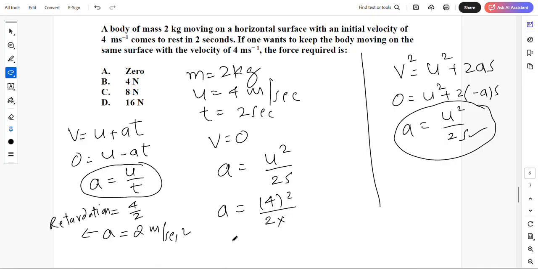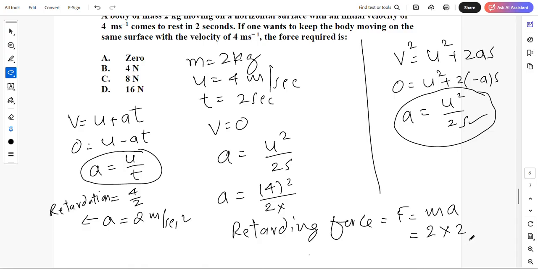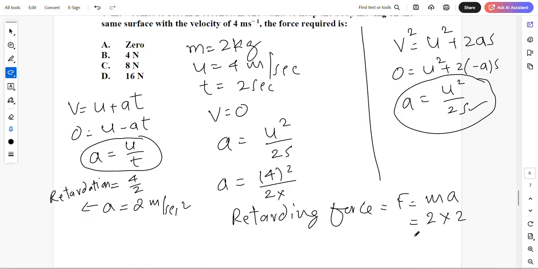Now we'll calculate the retarding force. Retarding force is equal to what? F is equal to m into a. How much is m? 2, into the acceleration I just got, that is 2. Okay, 2 into 2 is 4 Newton.